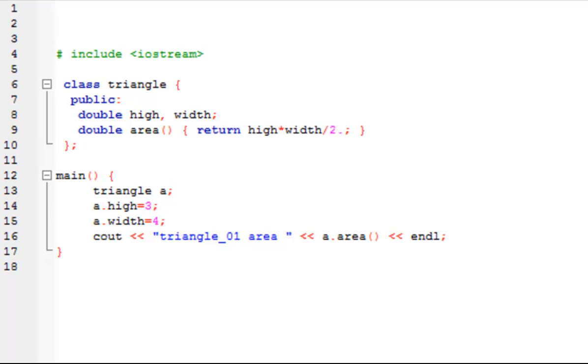Often the terms object and instance are used alternatively to indicate the same concept. Rather, two references to the same object are two distinct object instances. Thus, the concept instance refers more to the variable associated with an object. Finally, note that the method area does not accept parameters, instead acting on the member data of the class.